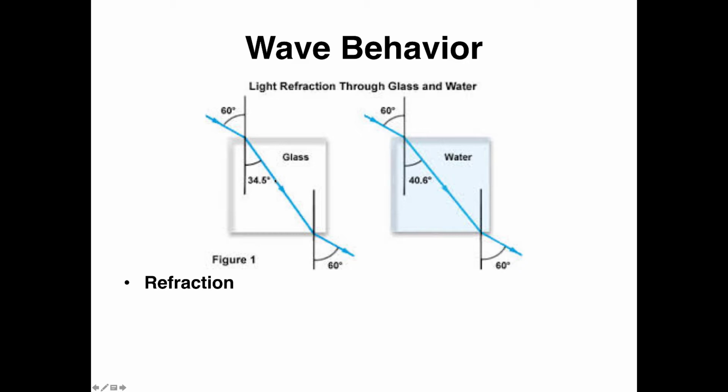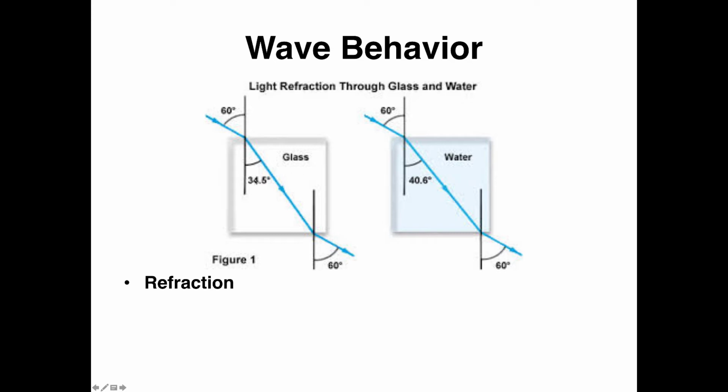Since it's going faster here, you see that it bends away from the normal, and the incident angle is less than the refracted angle. And that's because it speeds up here. So if it starts in air, the incident ray is going faster than the refracted ray here, so it bends toward the normal, and then it bends away from the normal when it goes back out and it picks up speed again.